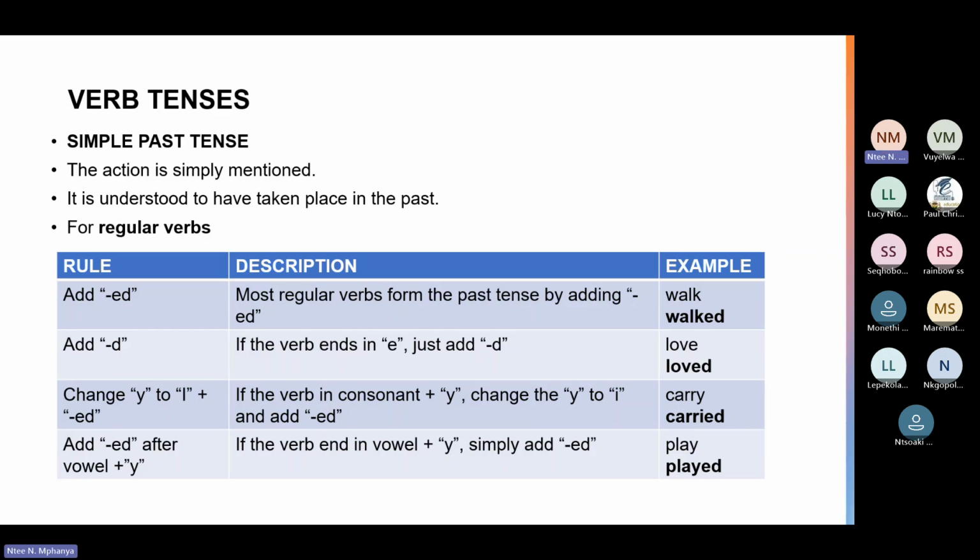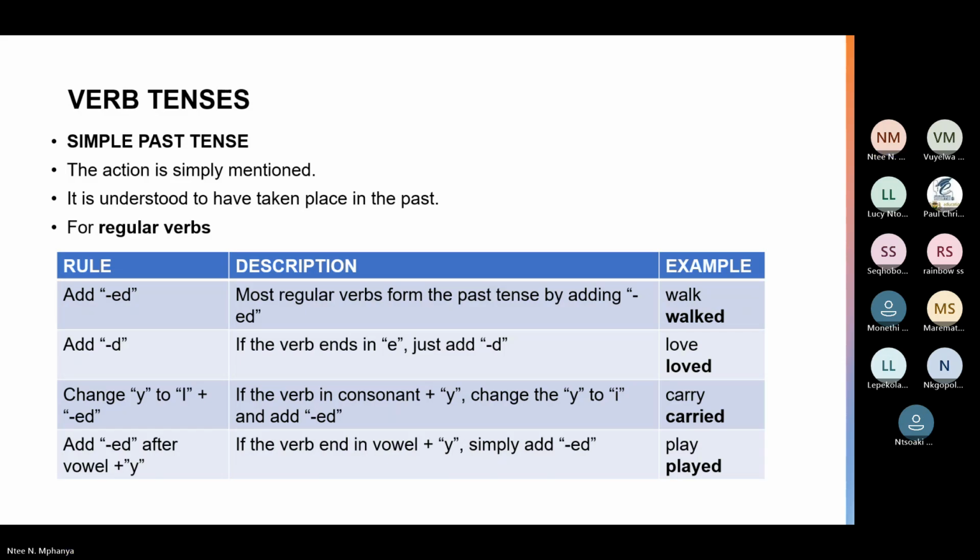Then play and carry, they sound the same. They've got a similar sound. However, look at why they don't end up with the same suffix. In play, a is closer to y and a is a vowel, while r is closer to y, but r is a consonant.